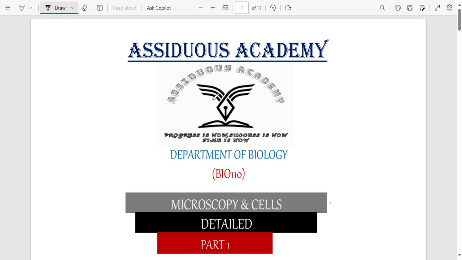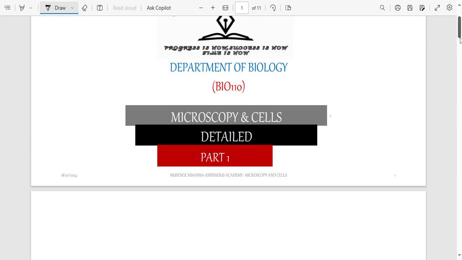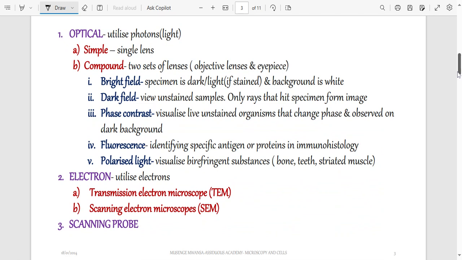Now, microscopes themselves, they are of different types. So light microscopes, we can divide them into either being optical microscopes or electron microscopes.